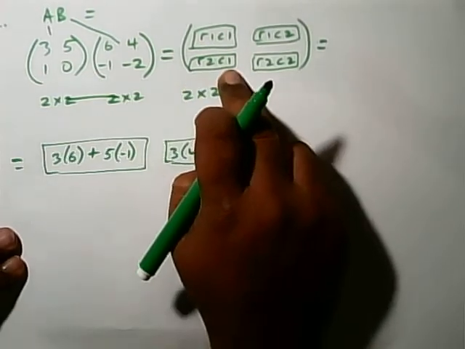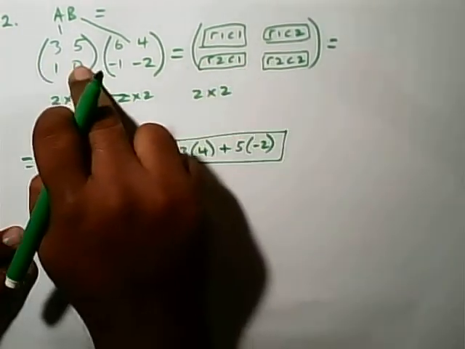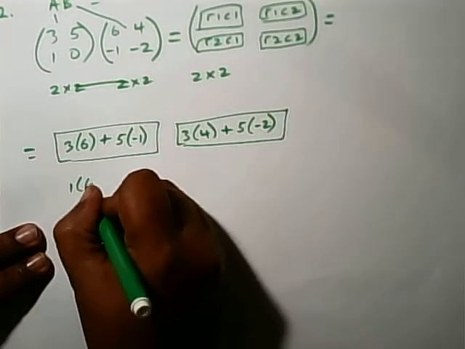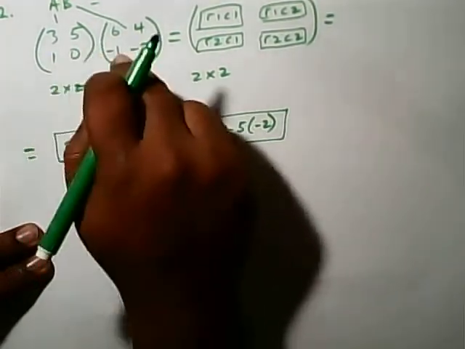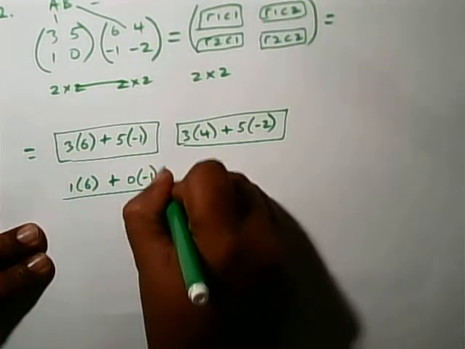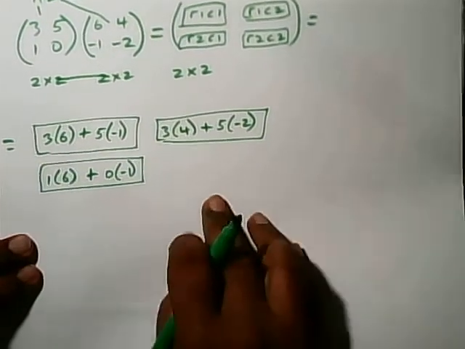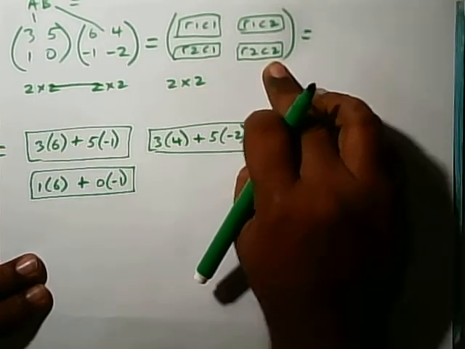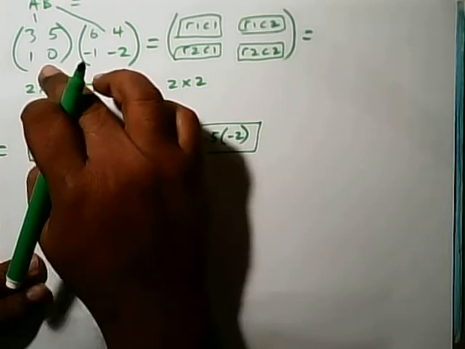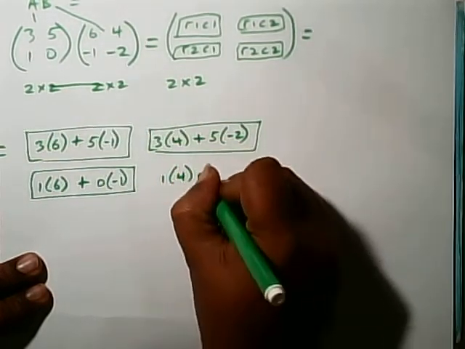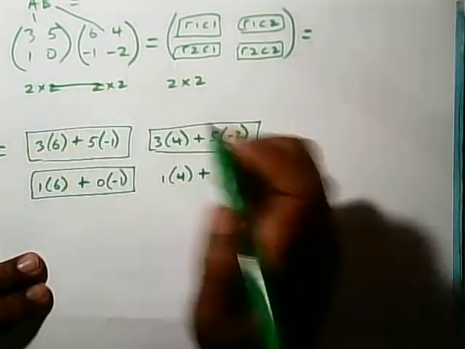Row 2 times column 1. 1 by 6 added to 0 by minus 1. Row 2, column 2. 1 by 4 added to 0 by minus 2.